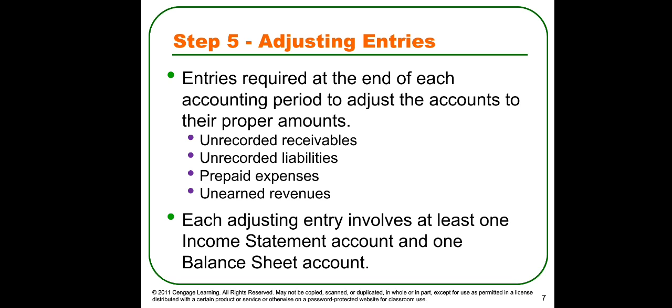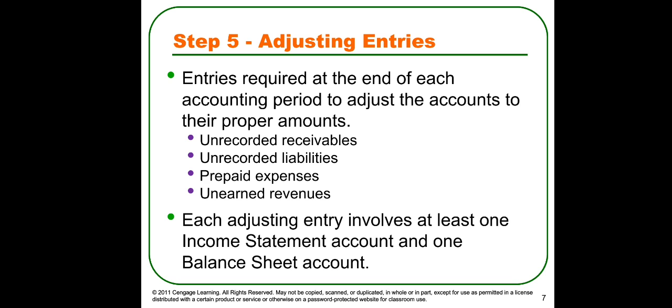And then the second reason why adjusting entries have to be done is to make correction. Correction if there are errors in the accounting record. Okay, so let's see. These are the typical types of adjusting entries.